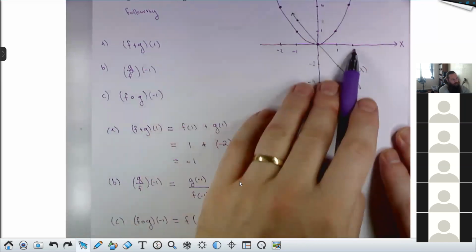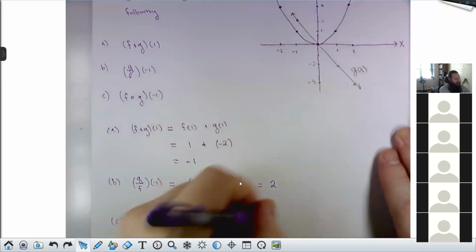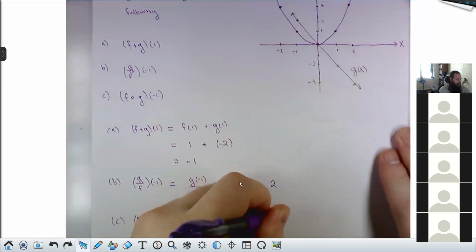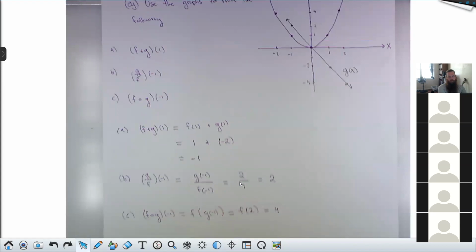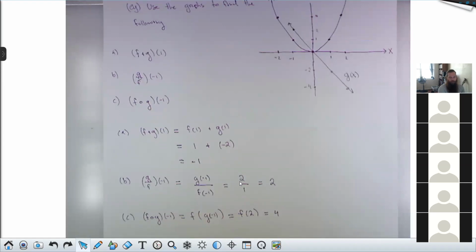When x is equal to 2, f of x is equal to 4. So f of 2 is 4. Questions on this fellow? Any parts?